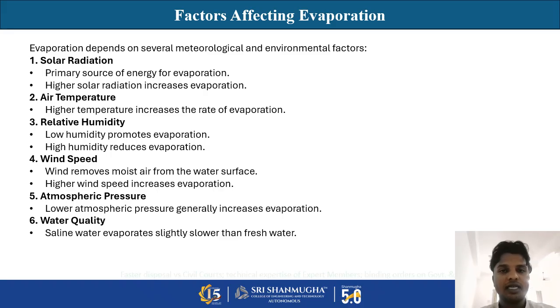Some factors that affect evaporation are solar radiation, air temperature, relative humidity, wind speed, atmospheric pressure, and water quality. These are several meteorological and environmental factors that affect how much evaporation can happen in an area. Solar radiation is the primary source of energy for evaporation, so higher solar radiation increases evaporation.